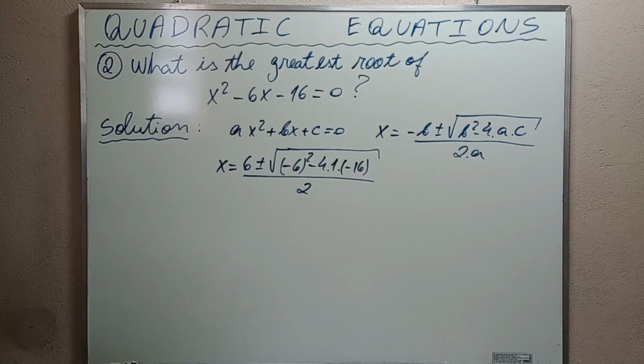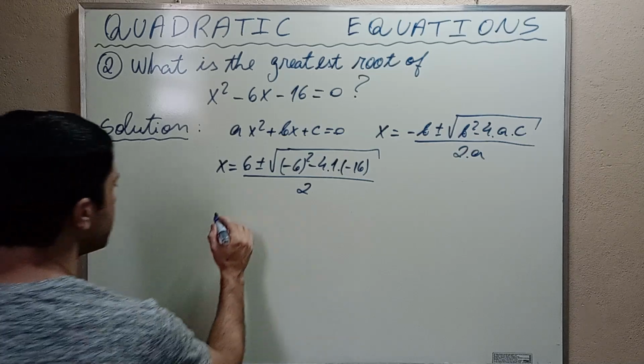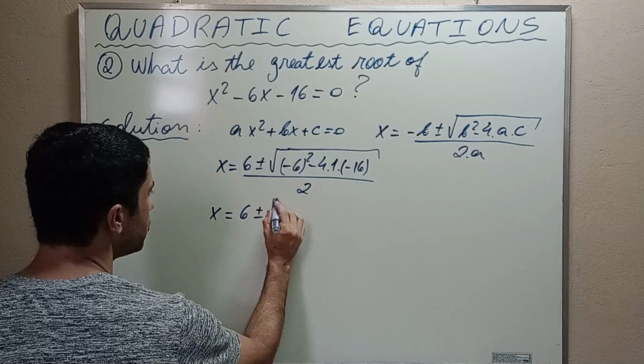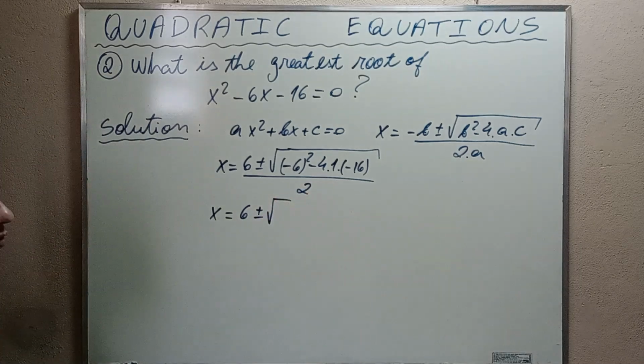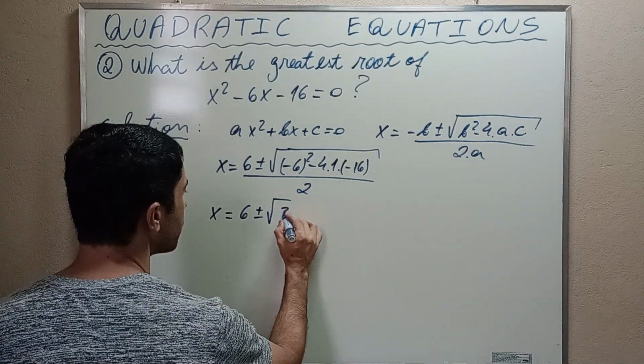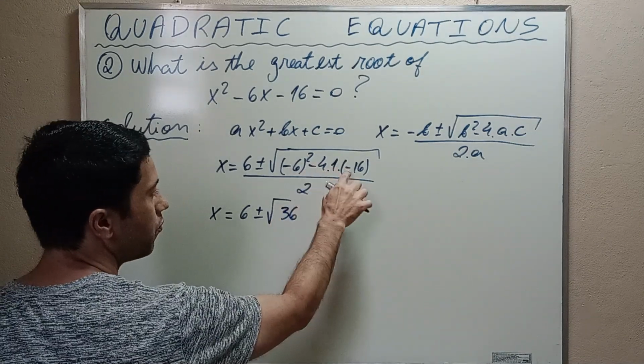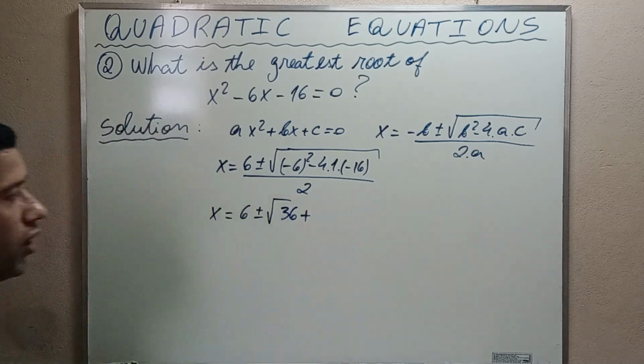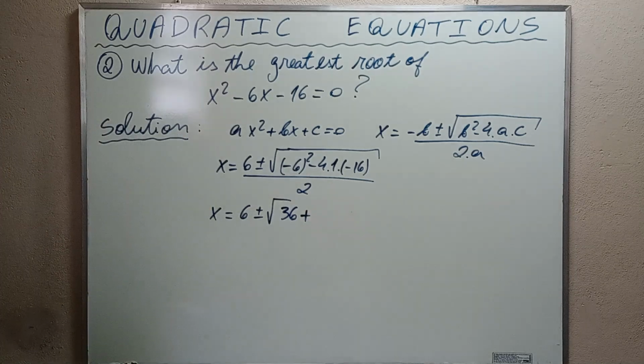Now, it's simple mathematics. We need to just calculate. x is equal to 6 plus minus the square root of negative 6 squared is 36. Negative, positive, 4 times 16 is equal to 64.